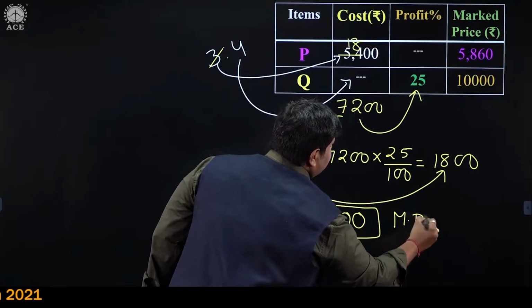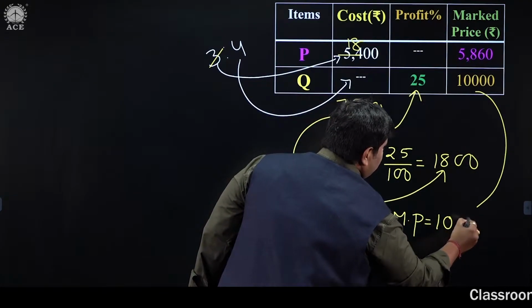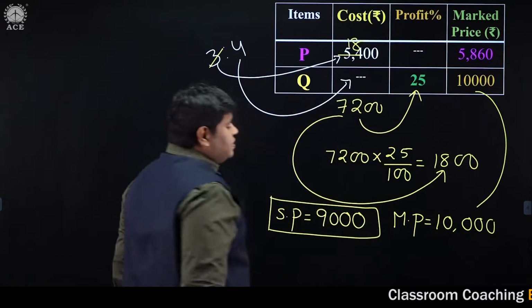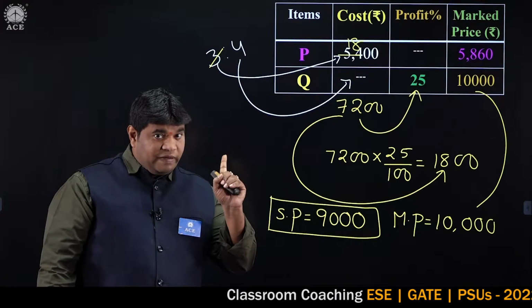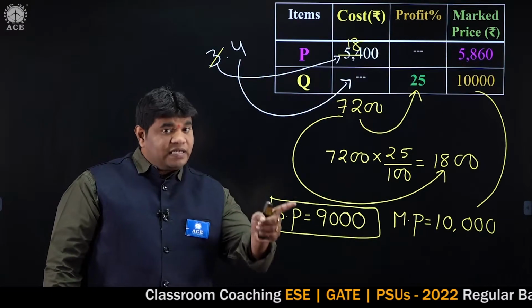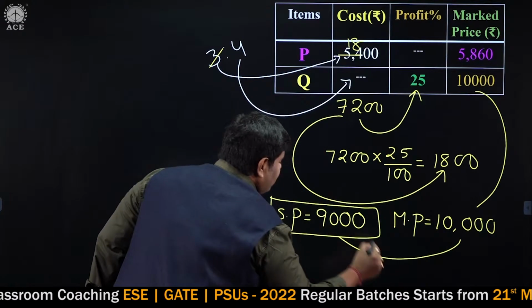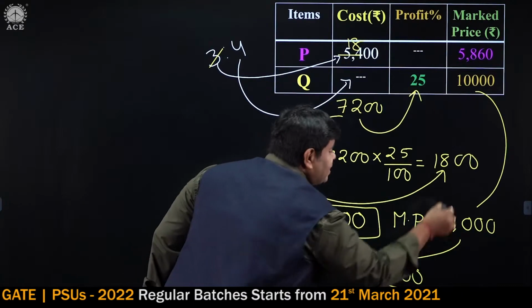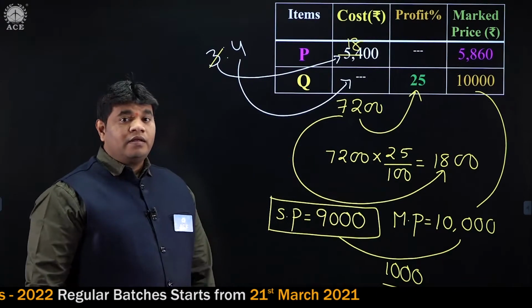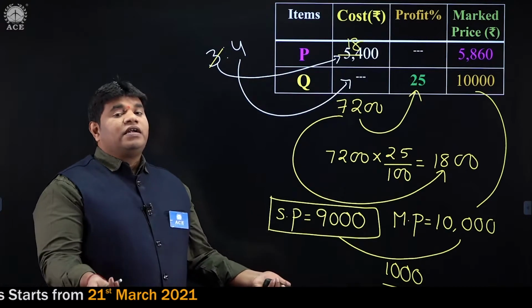Market price is 10,000. So what is the discount percentage? Discount is calculated on market price. Already they mentioned: market price minus selling price is the discount. So the difference between market price and selling price is 1000. This 1000 is how much percentage of 10,000? That is the answer.